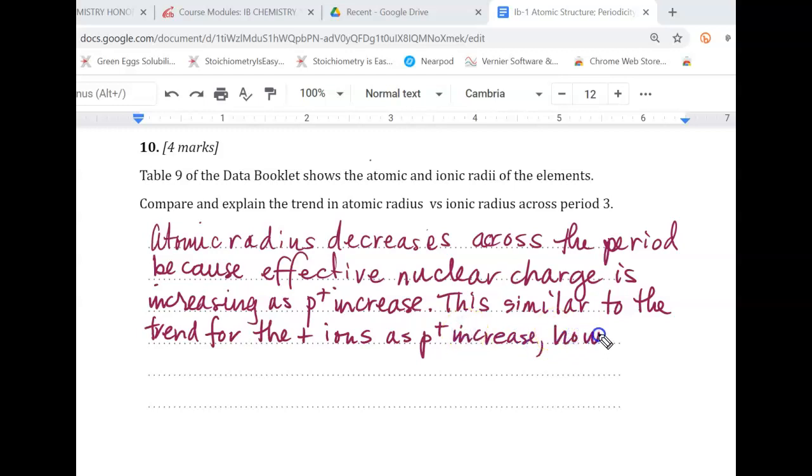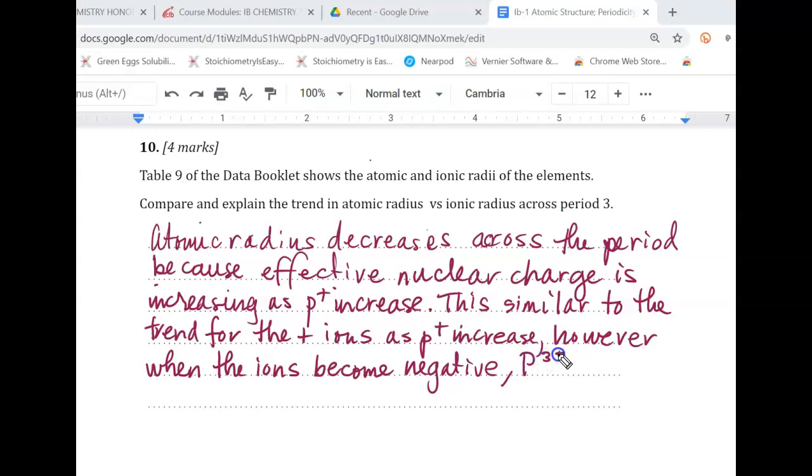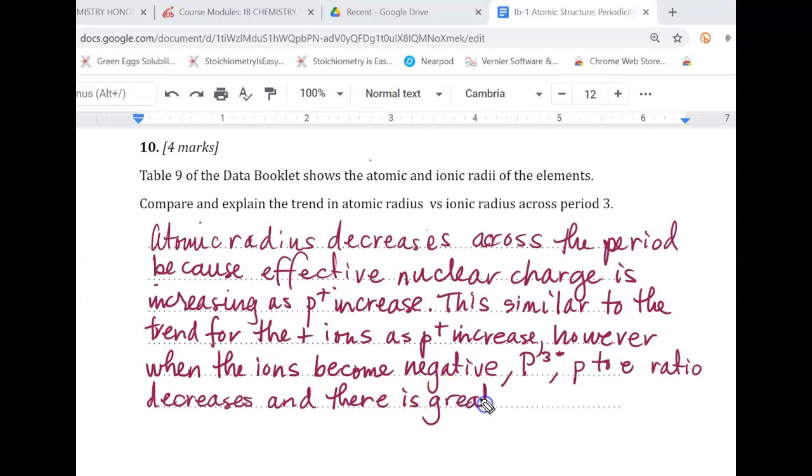However, when the ions become negative, and that's with phosphorus 3 minus as our first example, now the proton to electron ratio decreases, and there is greater electron repulsion.